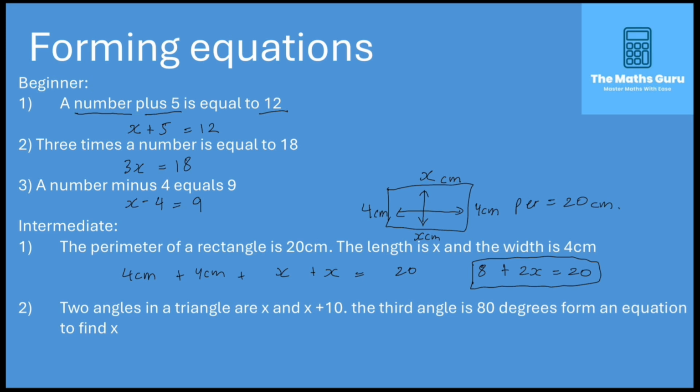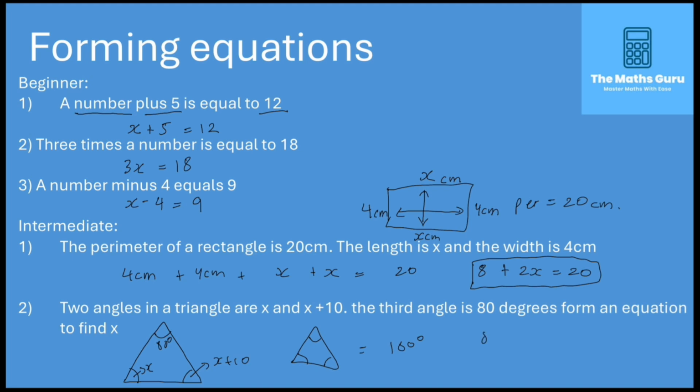Two angles in a triangle are x and x plus 10. The third angle is 80 degrees. Form an equation to find x. Okay, so in this case, we know that angles in a triangle are always equal to 180 degrees.